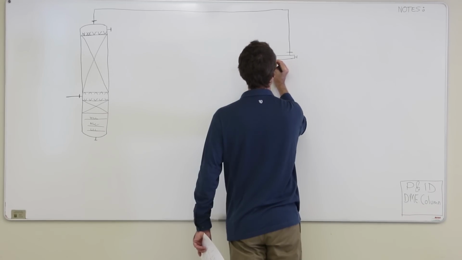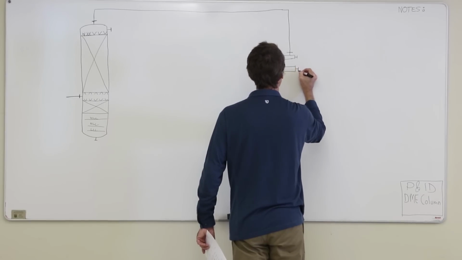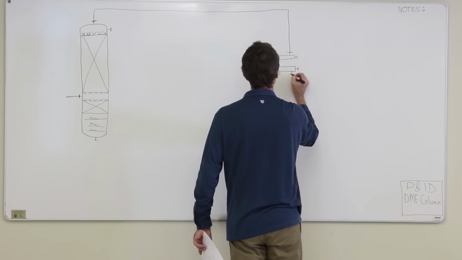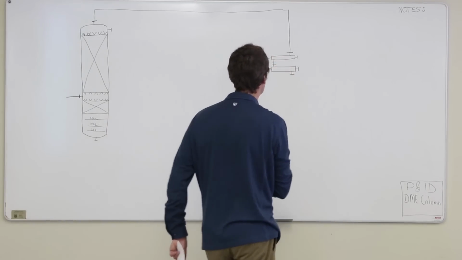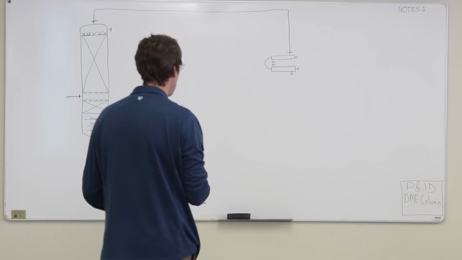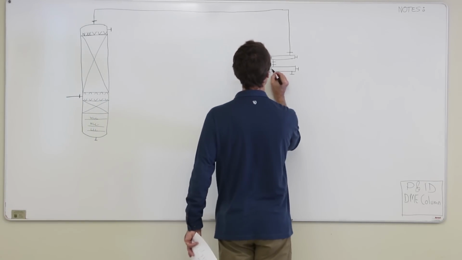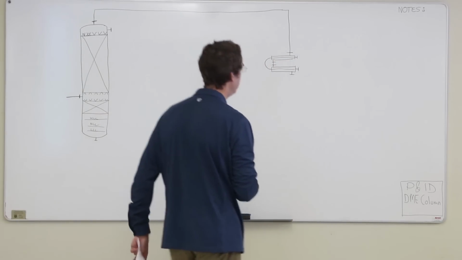Probably it's in sections maybe. Okay. Like that. Okay, there's a little double pipe heat exchanger for us. I'll just draw the line in the middle just to kind of show that.